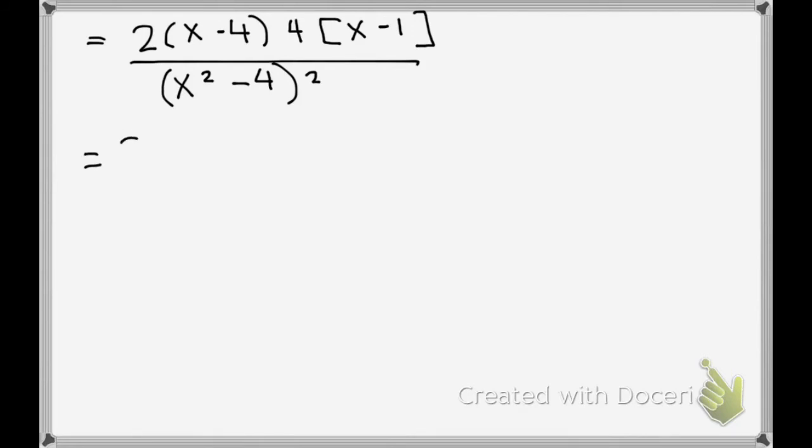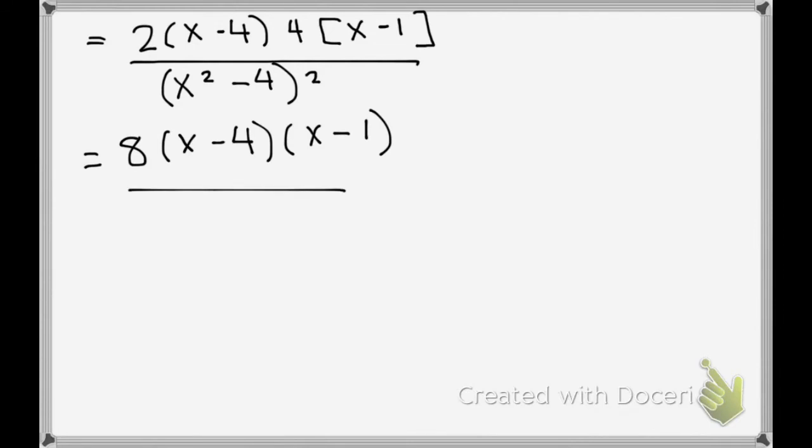Simplifying that one more time, we're going to get 8 times x minus 4 times x minus 1 all over the quantity (x squared minus 4) squared. And we're just going to leave that like that. And that's going to be our first derivative, f prime of x, of our function.